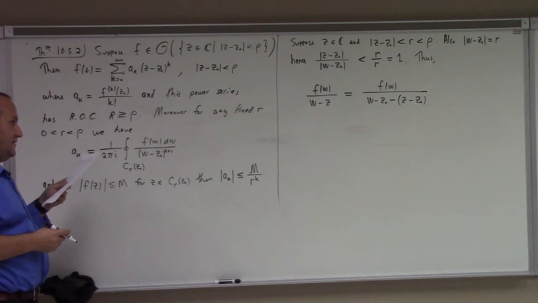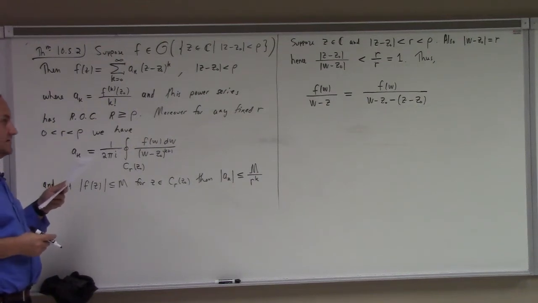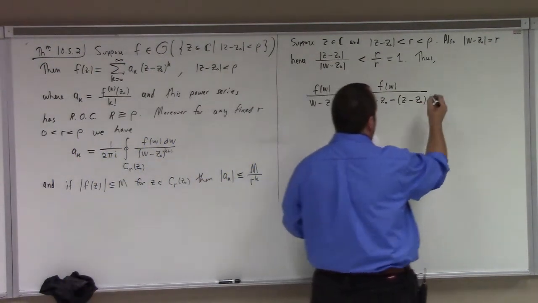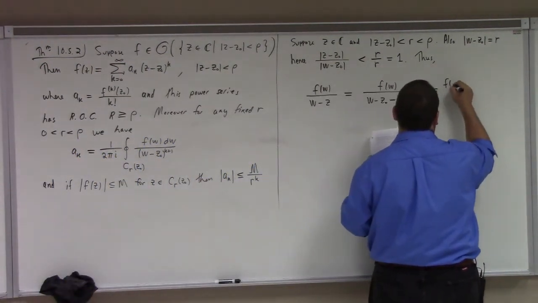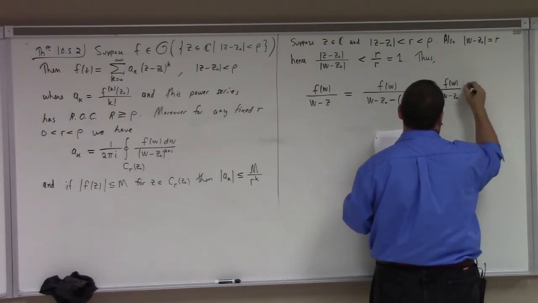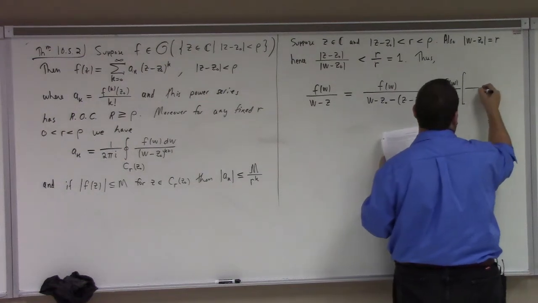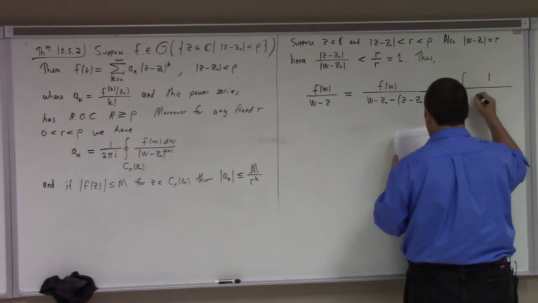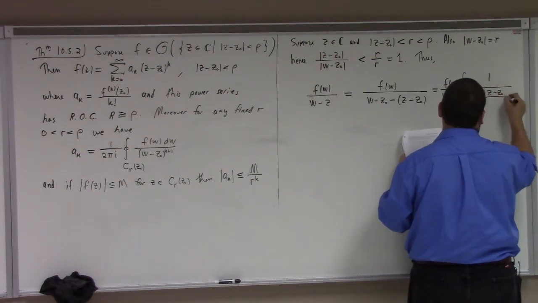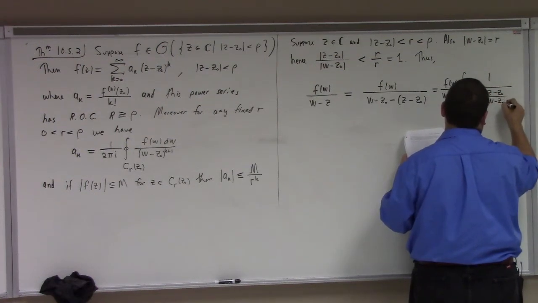The same adding z naught in the middle trick. And then you got to use your imagination. You can see that we can factor f of w divided by w minus z naught. And that leaves me a big old fraction here, 1 over 1 minus z minus z naught over w minus z naught.